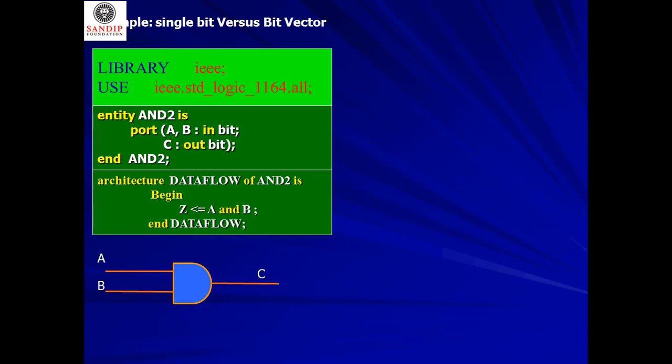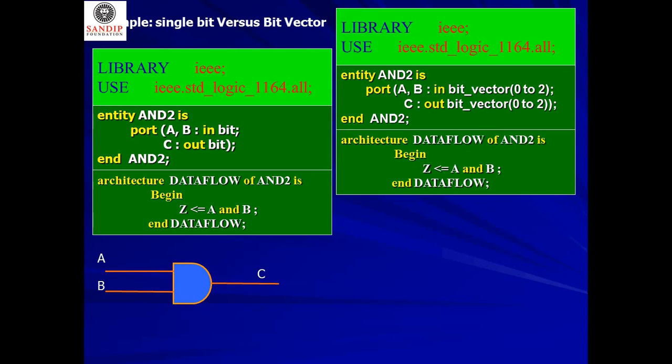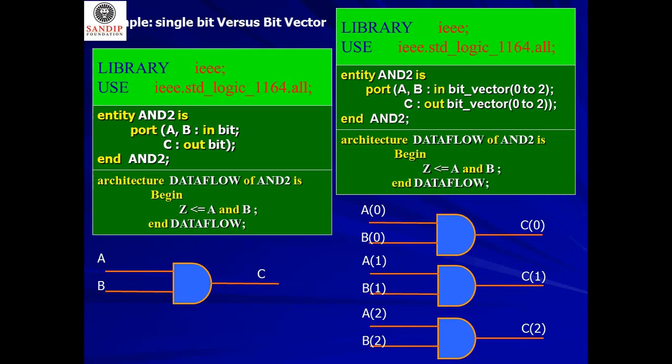Here A and B are single bit inputs and C is a single bit output. In the same way, if inputs A and B are multi-bit vectors, then we can write the code in such a way. Library IEEE; use IEEE.std_logic_1164.all; entity and2 is port A, B: in bit_vector. Here 0 to 2, where 0 indicates the LSB and 2 indicates the MSB.